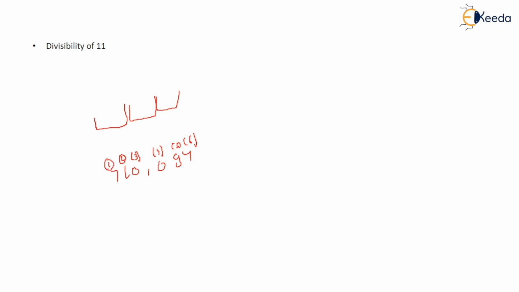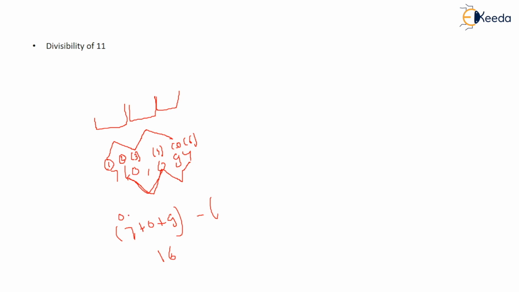So add all odd places and add all even places. After adding odd places, what you get? You get 7 plus 0 plus 9, which is equivalent to 16. And 1 plus 0 plus 4, how much is it?